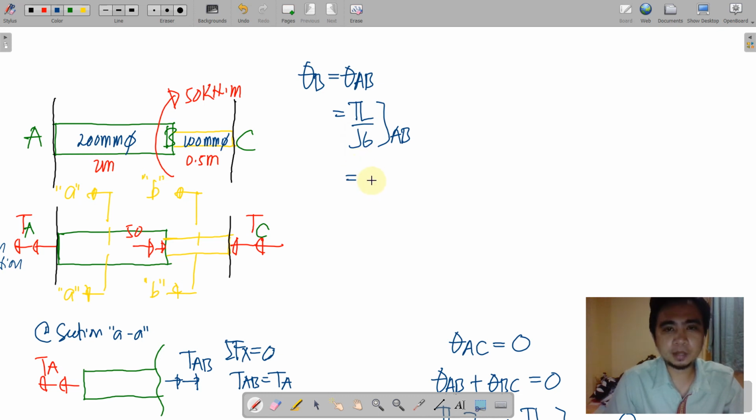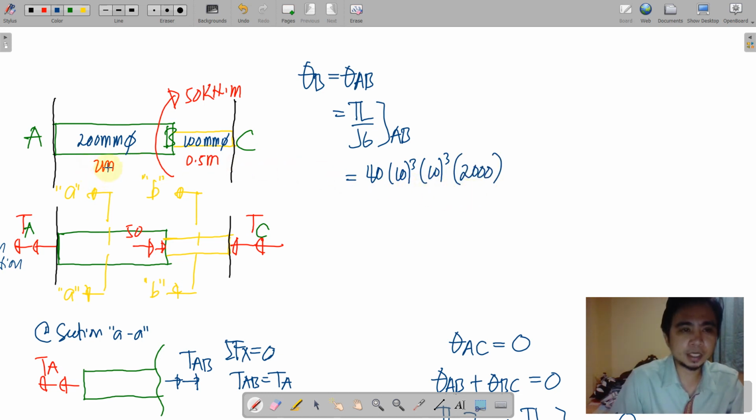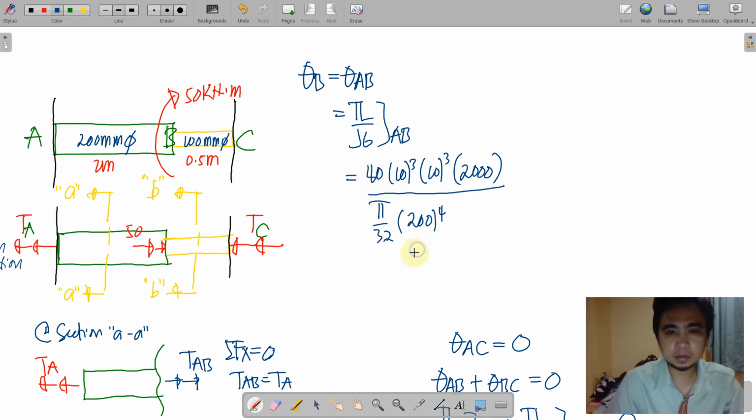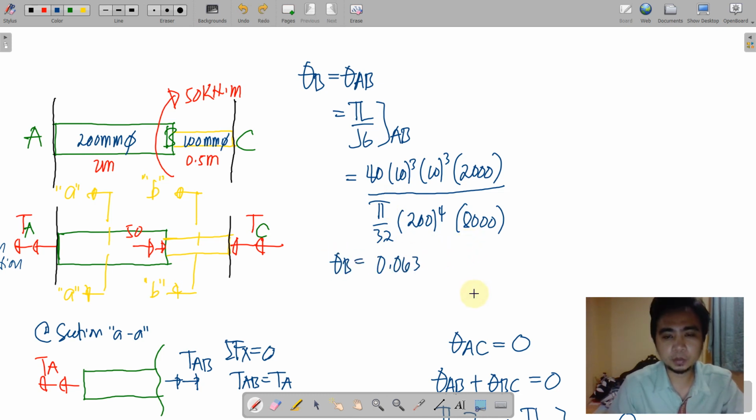The torque at AB is 40 multiplied by 2 sets of 1000 times the 2000 length here, divided by the polar moment of inertia involving the 200 mm diameter section, and of course the modulus of rigidity, which is 8000. So finally, we have theta B to be equal to 0.063.